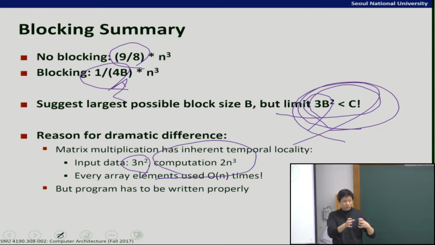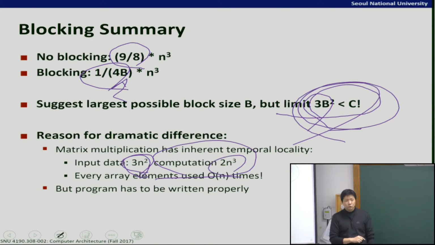Let's say your data size is proportional to n squared, but your operations are proportional to n cubed. Then there's a difference of order n between the two. Because you take the operands solely from those arrays, every array element should be used on the order of n times.